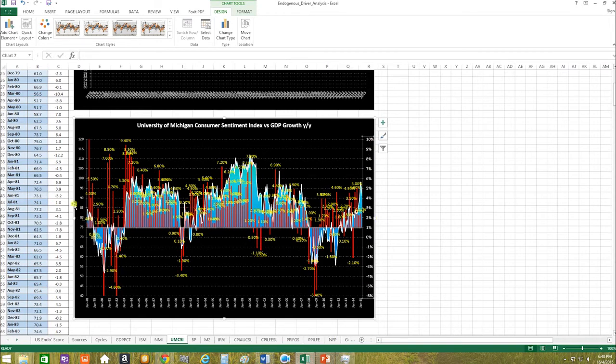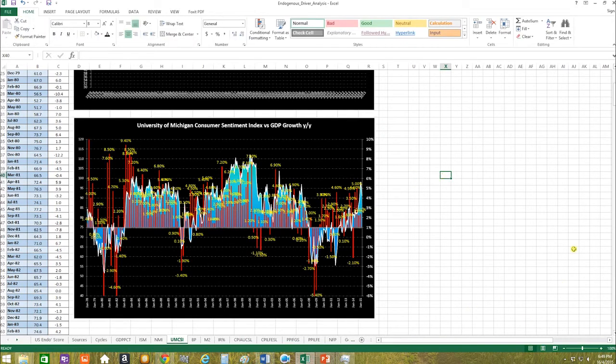The average level of the UMCSI is 85. You can check that if you run through the data by bringing up a trend line of the average of the entire data onto your chart. And this is consistent with levels of around 3% GDP growth.